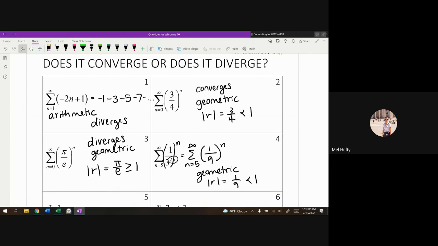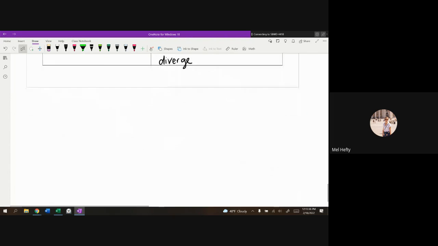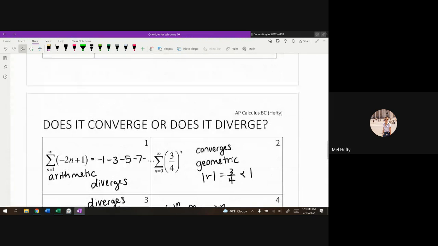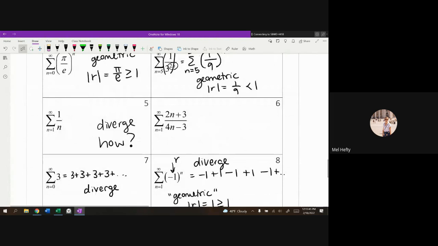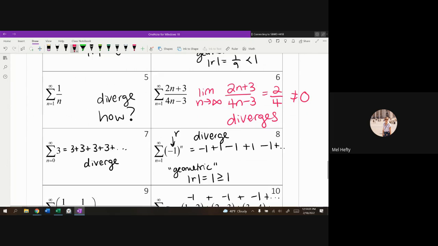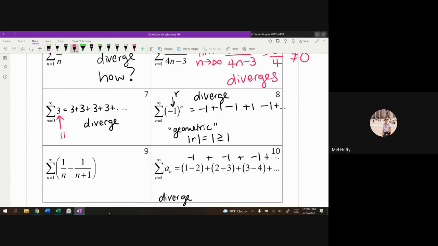All right, I'm going to tell you a bunch of these work with nth term now. Can anyone see one that works for nth term? All right, 6. If we look at this one, the limit as n approaches infinity of this is what? 2/4, which is not 0, so this diverges. All right, the limit of this one is what? 3.